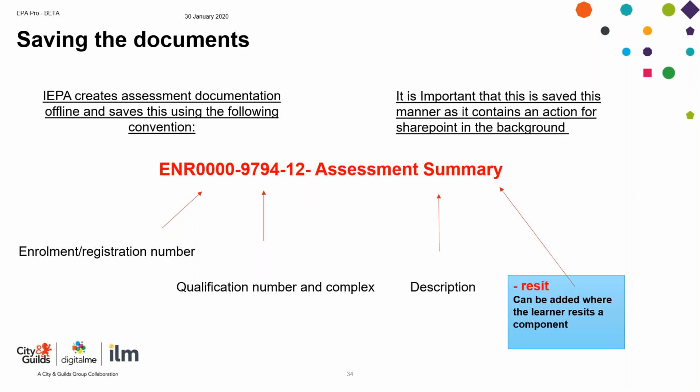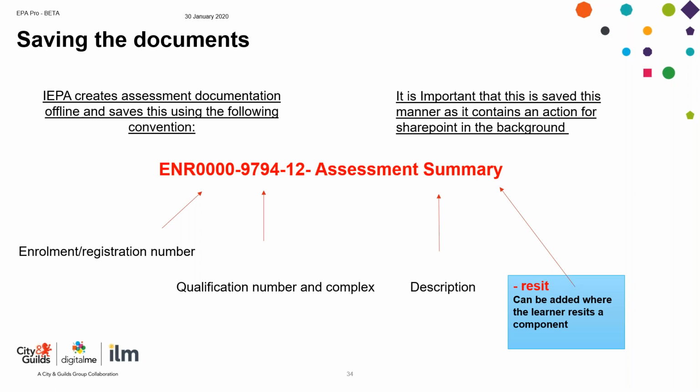The way the SharePoint system works is that the IEPA will take this document saved on their computer, go into SharePoint, into a standard, and save the document there. Once they've saved it, it's no longer visible to them. They have it saved locally, but they can't access it on SharePoint.